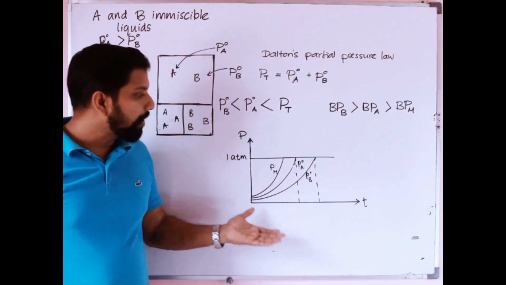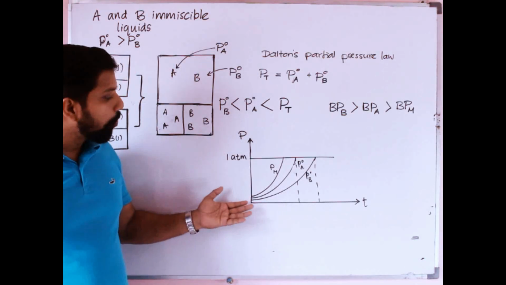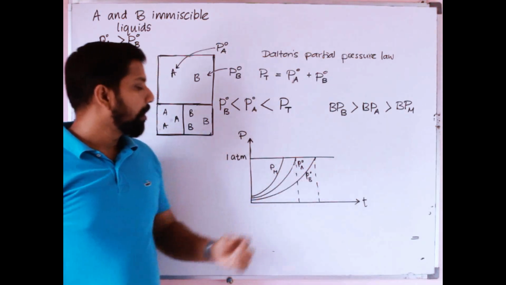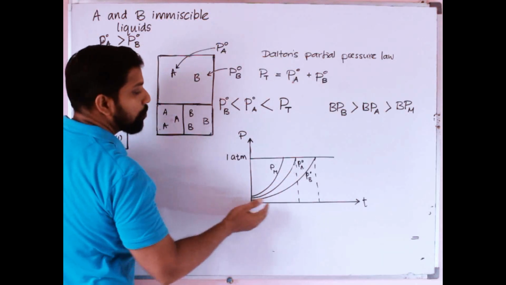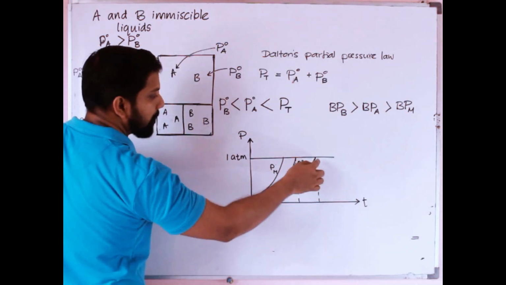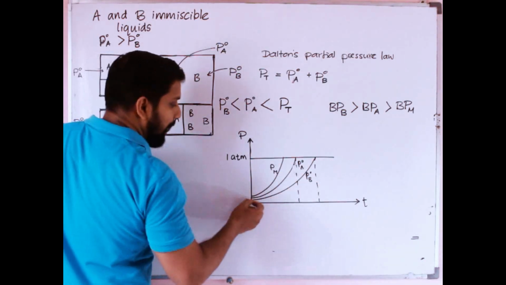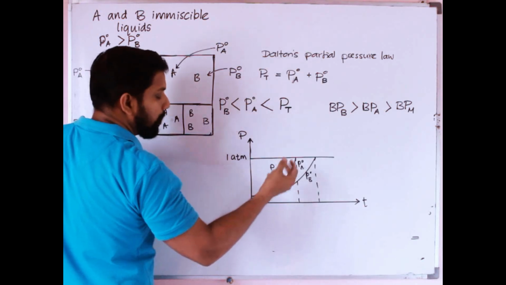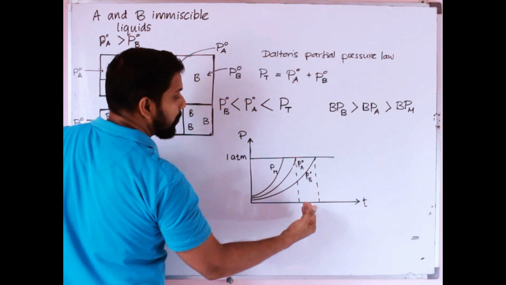So the summary of what I explained to you is in this graph. You can see how the saturated vapor pressure of B changes with temperature. Since it is less, it has to be heated more, so its boiling point is higher. Then only it can reach the external pressure. A is more volatile. Its saturated vapor pressure is always higher than B, and it increases with the temperature.